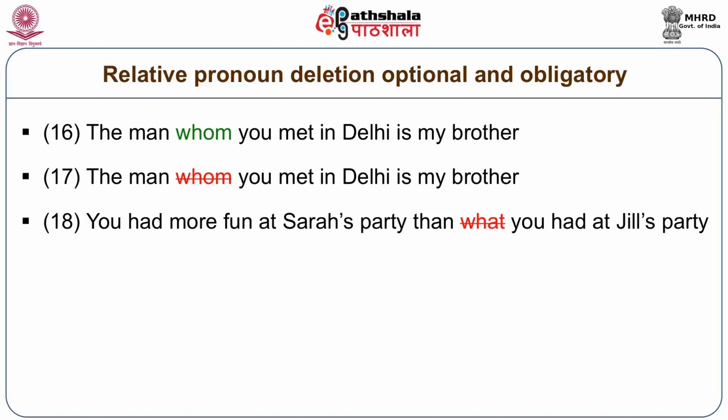What your school grammar didn't teach you, however, is that there are some constructions where the deletion of the relative clause has to happen. In the case of 16 and 17, the man whom you met in Delhi and the man you met in Delhi, you can do it, it's optional. But we're about to give you examples where the relative phrase must be deleted.